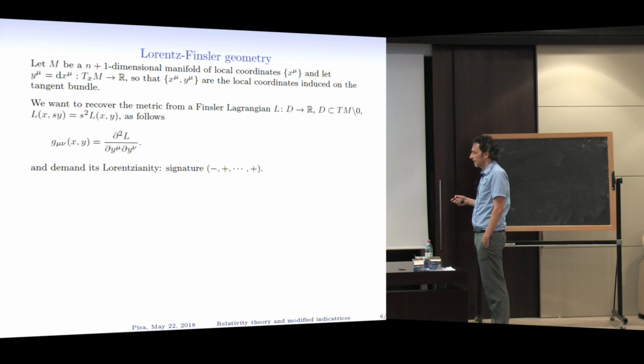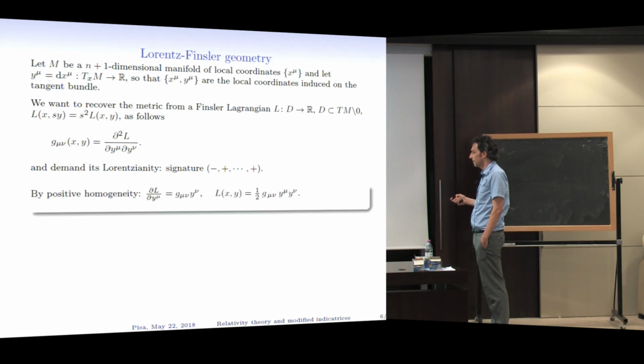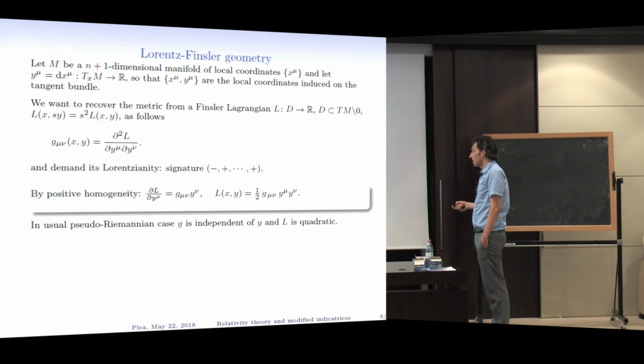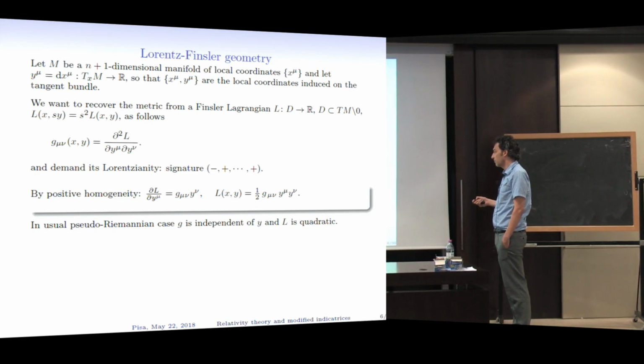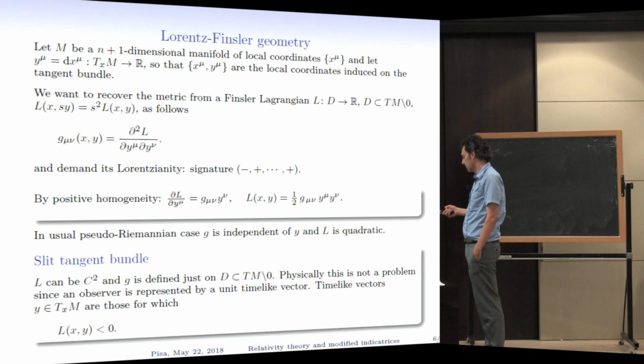I call Finsler Lagrangian L what is usually F squared in the more usual notation. So this is the metric, and we ask that it is Lorentzian in this set D. Of course, from positive homogeneity we have these equalities. In the usual Riemannian case, g, the metric, is independent of y, and so the Lagrangian is quadratic.